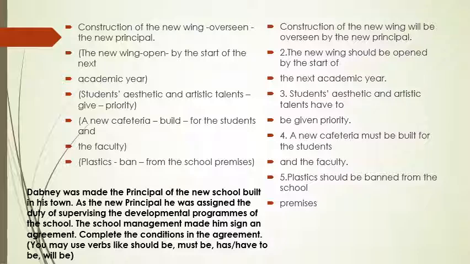Or you can write, the new wing will be opened by the start of the next academic year. Students' aesthetic and artistic talents have to be given priority. A new cafeteria must be built for the students and the faculty. Plastics should be banned from the school premises.